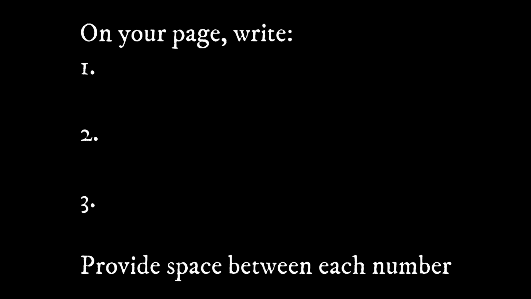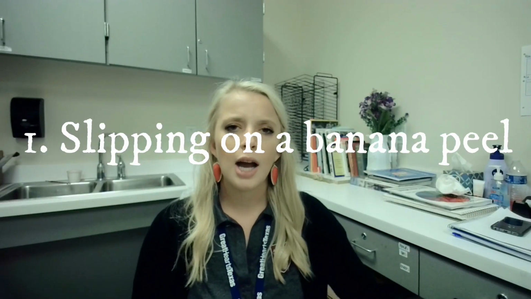So what I want us to do is think about how each of these specific scenarios might make you feel. And in your sketchbook, you're going to open up to the next blank page. And you are going to tell me how you would feel if you experienced these three things. So number one, slipping on a banana peel. How would that feel?